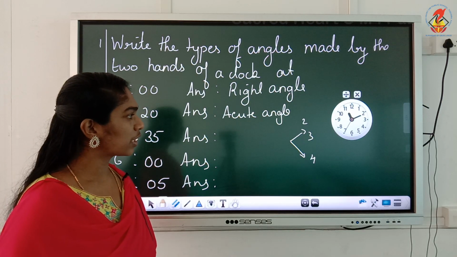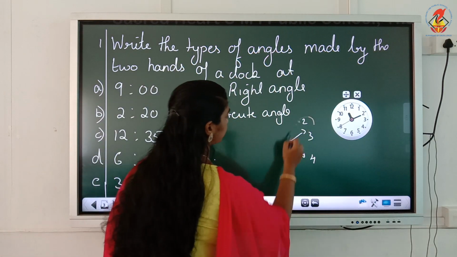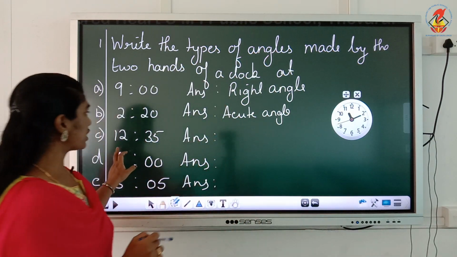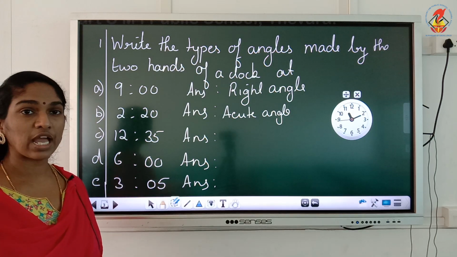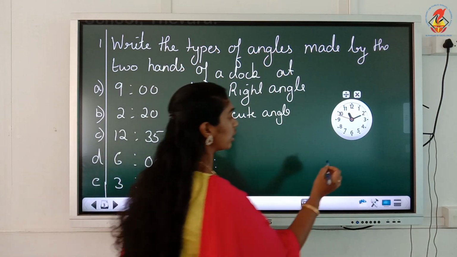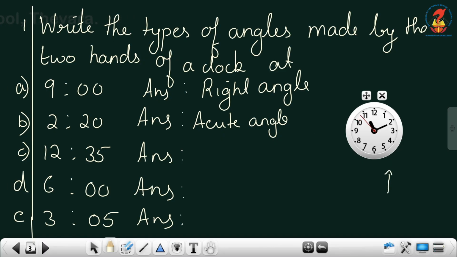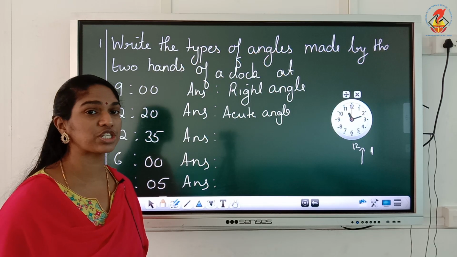Okay. Now, next one. At 12:35, what type of an angle? At 12:35 means what? Your hour hand is between 12 and 1. So somewhat like this. This is 12, this is 1. So it will be in between 12 and 1. And 35 means your minute hand is at which number?